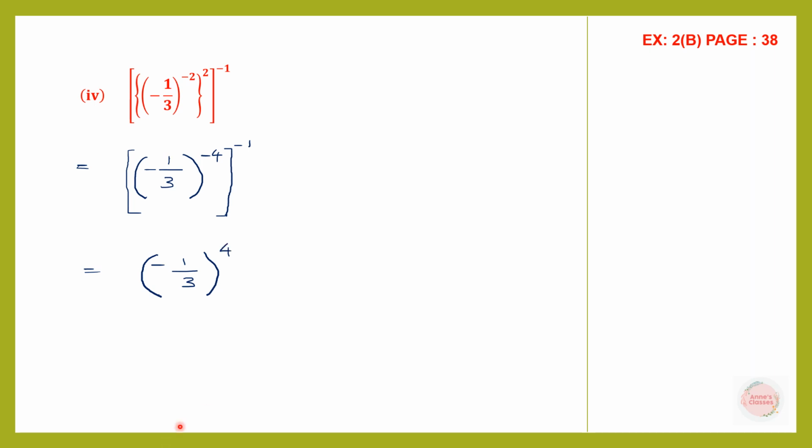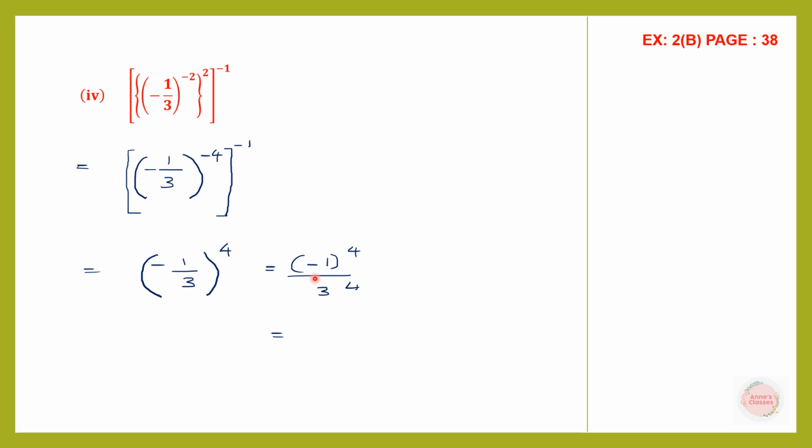So remember, when you have to evaluate something like this raised to a power, this power is for minus 1 as well as for 3. So this will now become minus 1 raised to the power of 4 by 3 raised to the power of 4. So this is how it is. Now, minus 1 raised to the power of 4. We know this rule, we've learned this earlier.